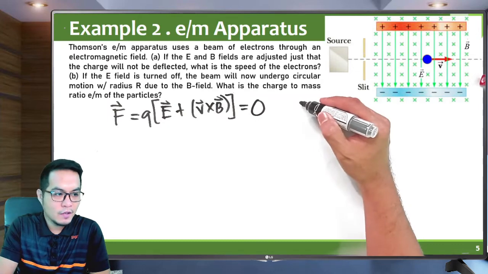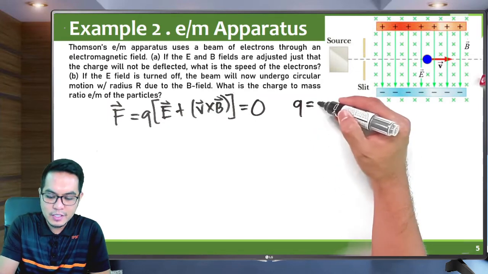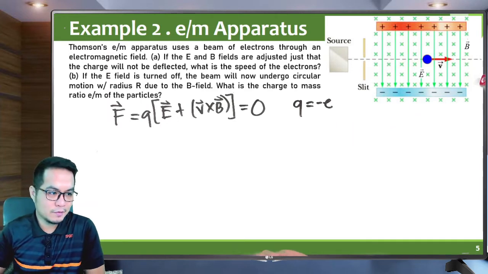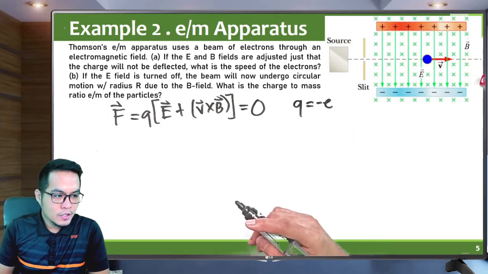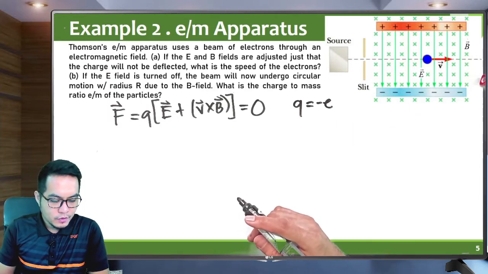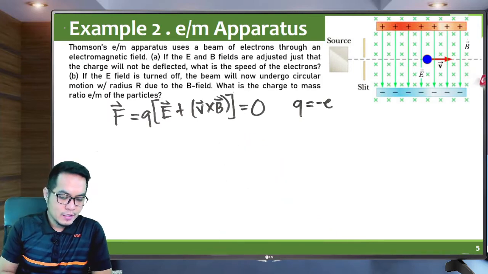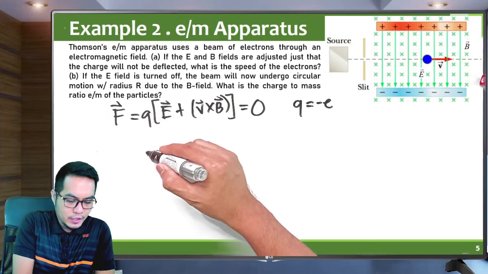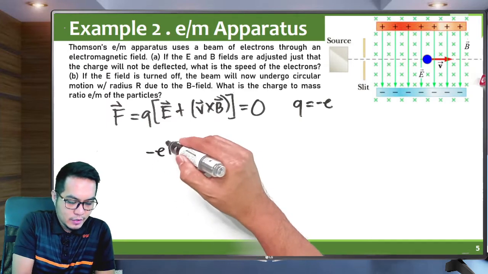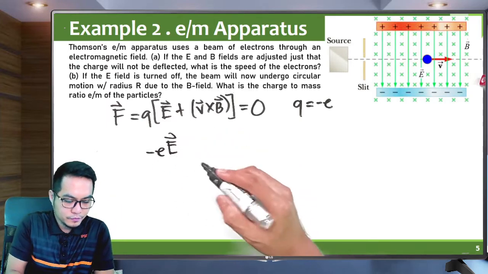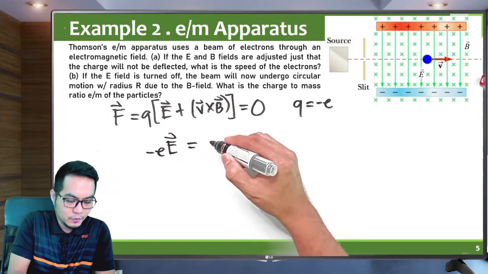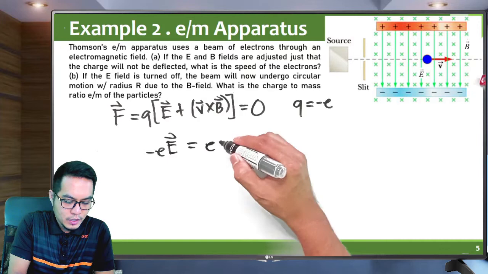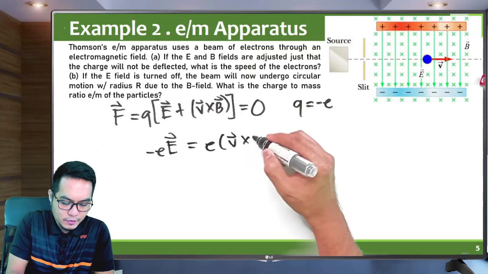So here, our q is, since this is an electron, negative e. So that's our charge, negative e. So this means that negative e times E equals e times v cross B.